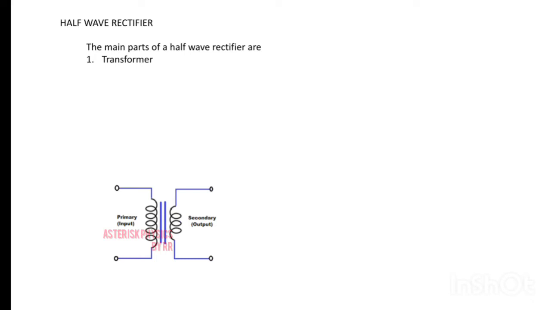Input is given across the primary coil and output is taken across the secondary coil. Then we require a diode and a load resistor. So these are the three important circuit elements to construct a half wave rectifier.